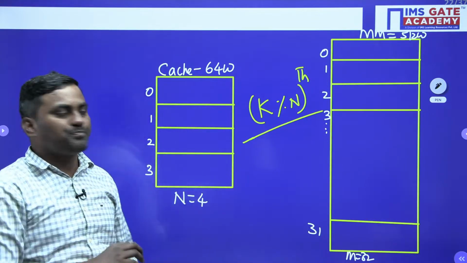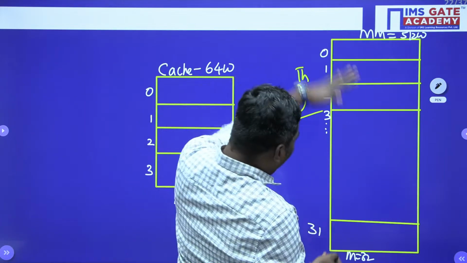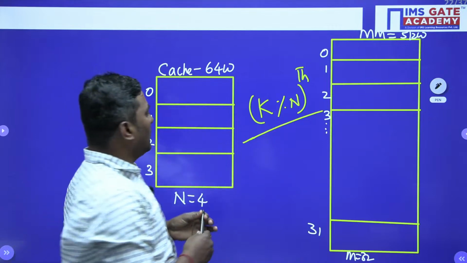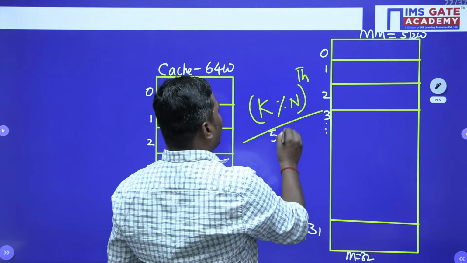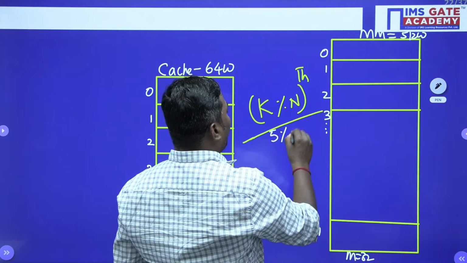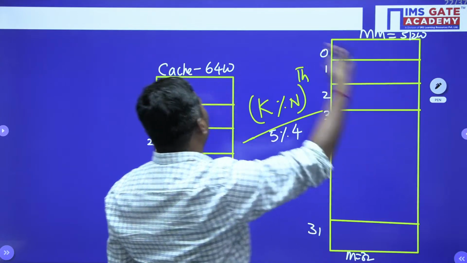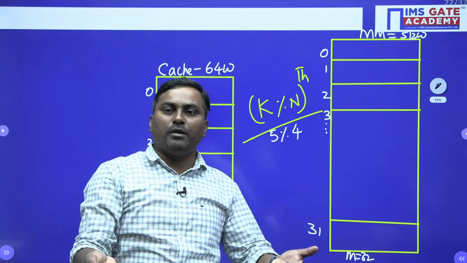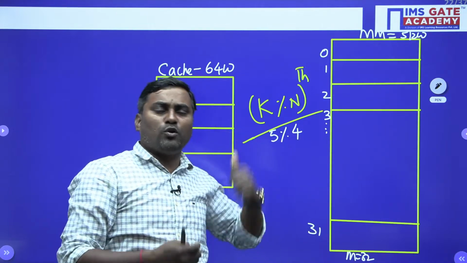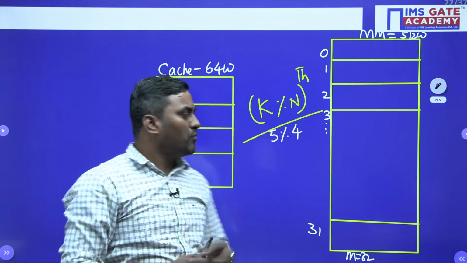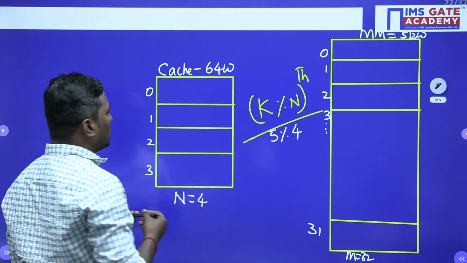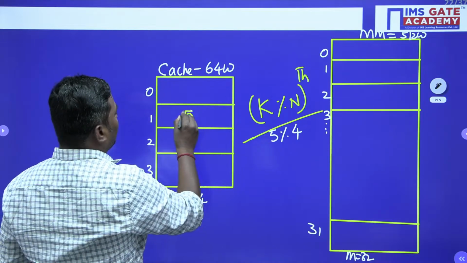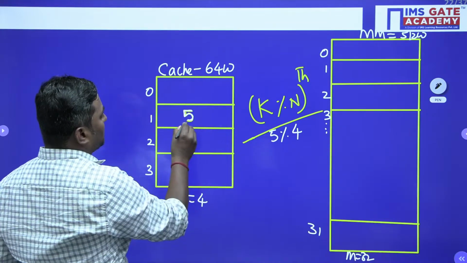We have blocks 0 to 31 in main memory. Suppose I want to place the fifth block of main memory into cache memory. Mapping is nothing but taking a block from main memory and placing it into cache. So you apply the function k modulo n: 5 modulo 4 is 1. So in block number 1 you have to place block 5.